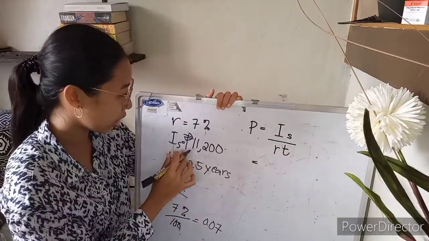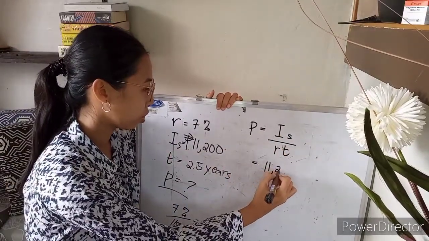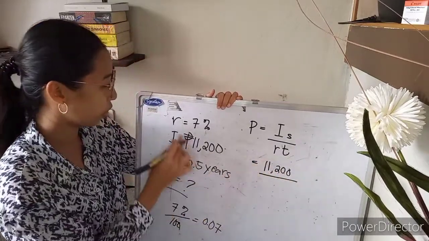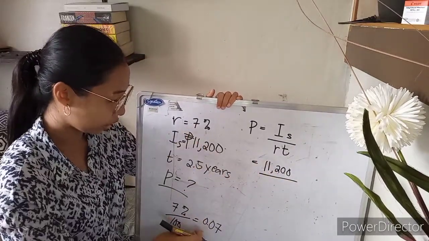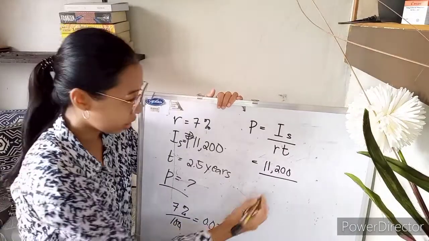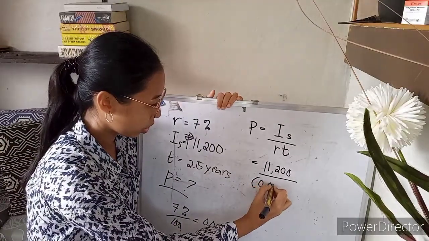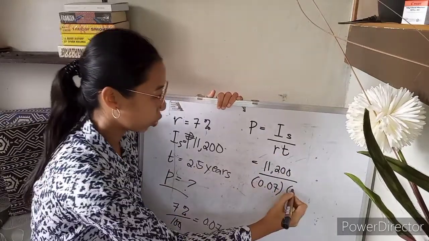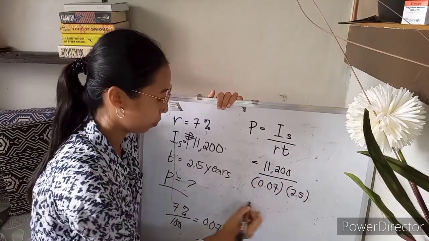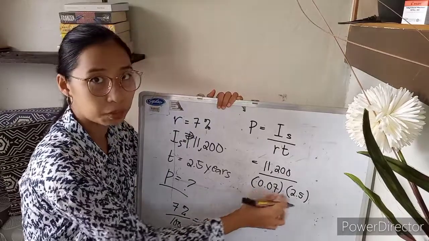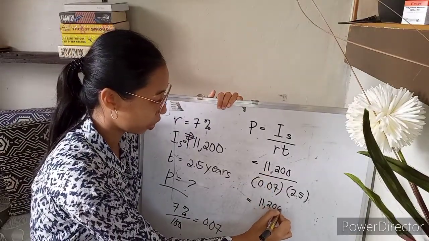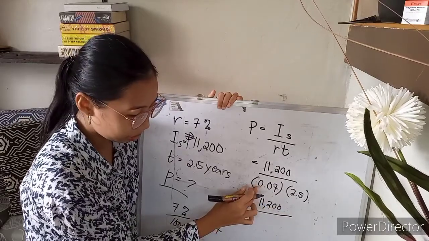So, I S is 11,200, divided by your R, which is 7%, but what we will use is 0.07, multiplied by your time, which is 2.5. We will multiply these two first before we divide. So, copy 11,200 divided by, what is the result of this?